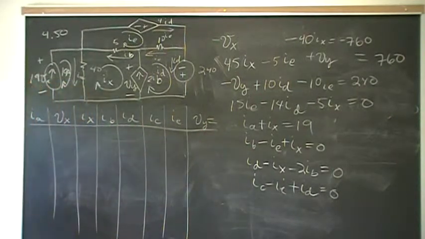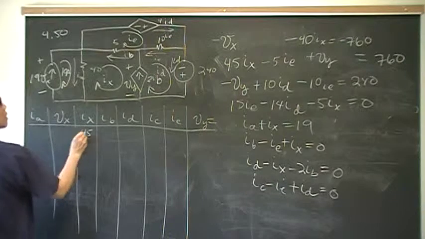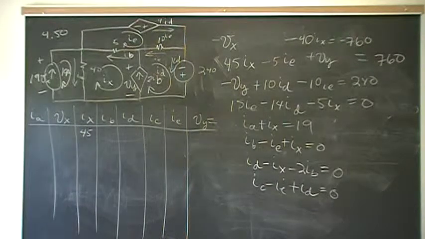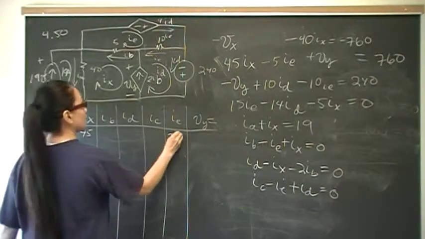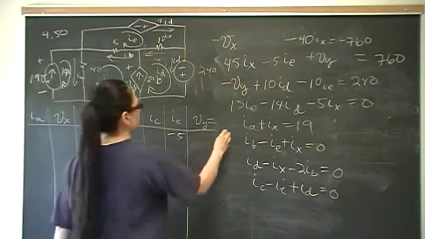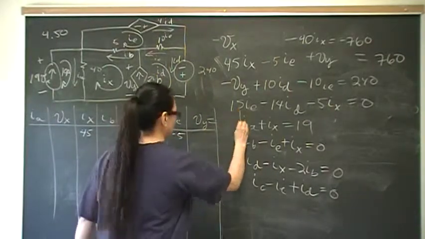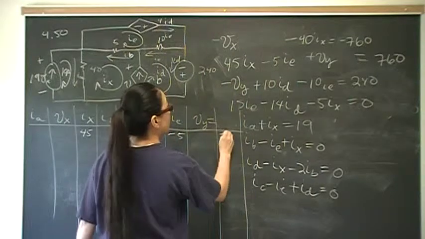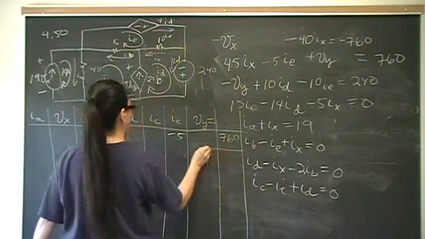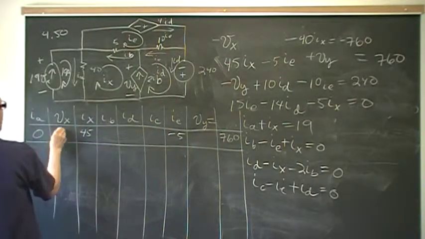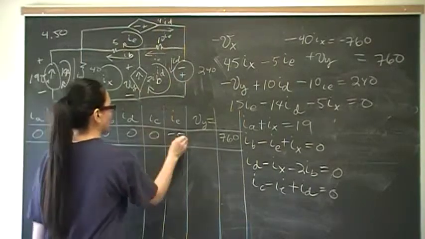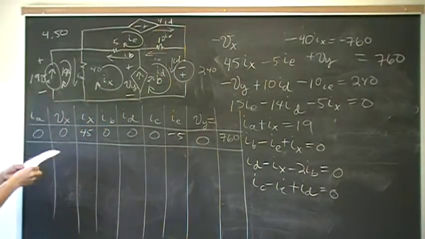Okay, so equation 1, the first equation, we got 45 for IX. The next equation is -5 for IE, and constants is 760. Zeros everywhere else.